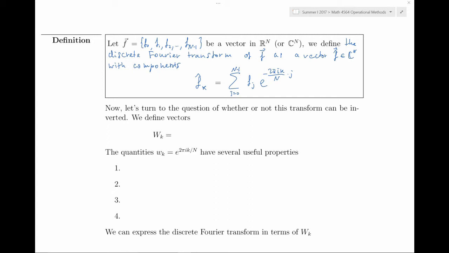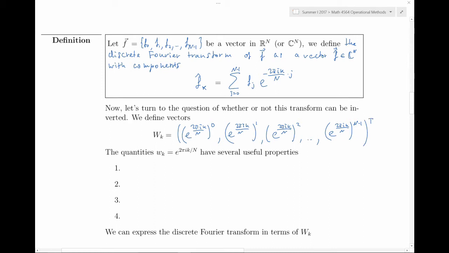So to begin with, I'm going to define vectors that I'm going to denote as capital W kth that will have quantities e to the 2 pi i k over capital N raised to different powers. So j goes from 0 to n minus 1, and that's exactly what I'm going to do. I'm going to have this number in the power 0, then raised to the power 1, then 2, all the way to raised to the power n minus 1.